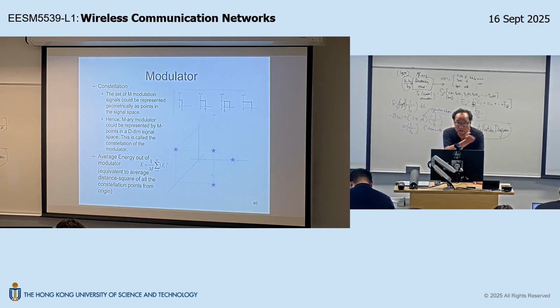You can call the x-axis the I, and the y-axis the Q. These are just two basis functions that span a two-dimensional space. Of course, our signal space does not need to be two-dimensional. Sometimes it can be three-dimensional, it can be M-dimensional.